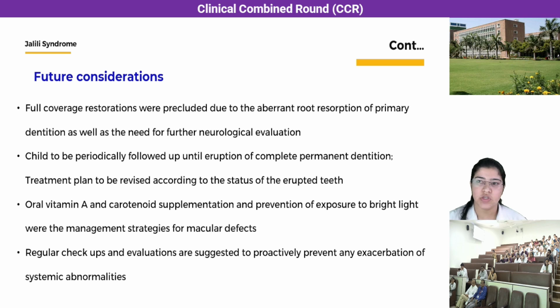Also for ophthalmological conditions, various supplementation and prevention of exposure to bright light was advised, and regular checkups and evaluations are suggested to proactively prevent any exacerbation of the systemic abnormalities.